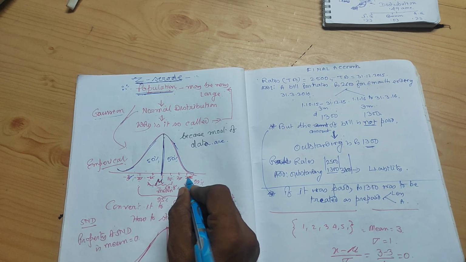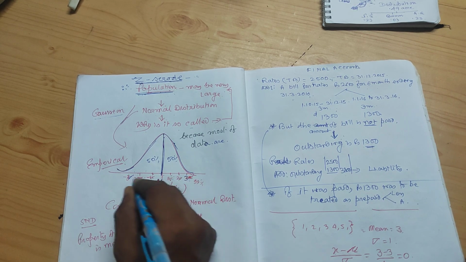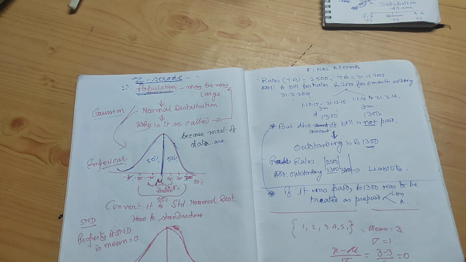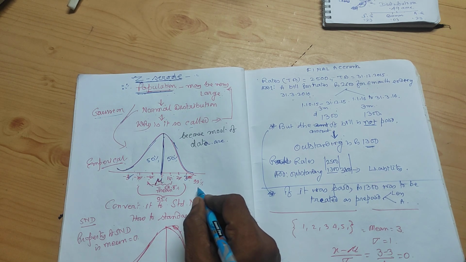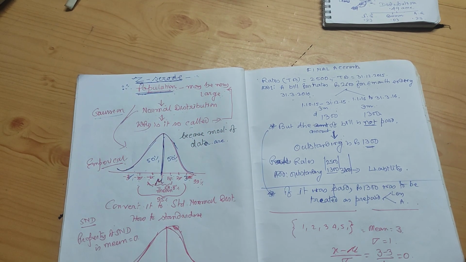Between plus and minus 3 SD, there may be 99% of the data.